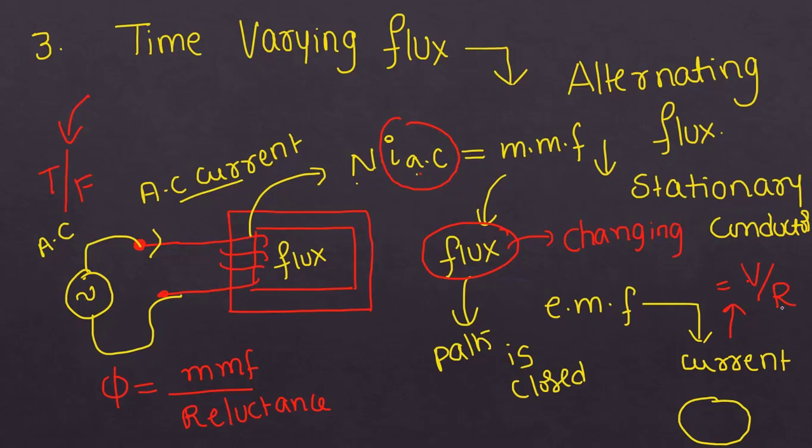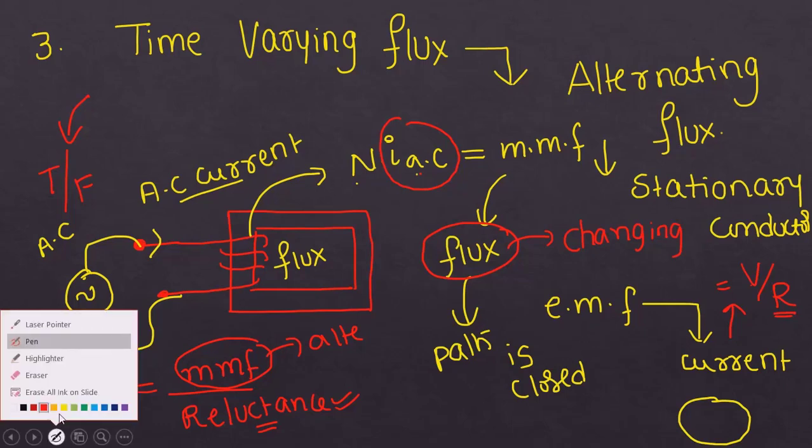Resistance means opposition to current. Reluctance is nothing but opposition to flux. MMF will drive the flux, EMF will drive the current. Now since the MMF is alternating, and reluctance is a constant value, the flux will also be alternating.